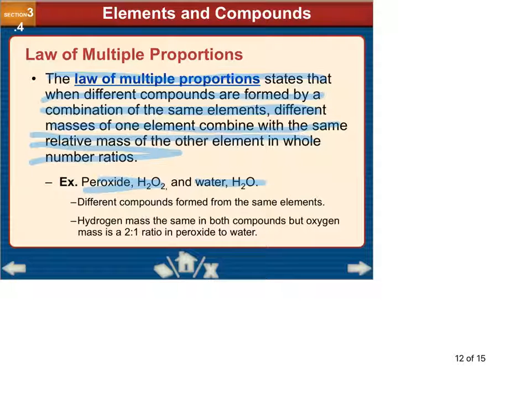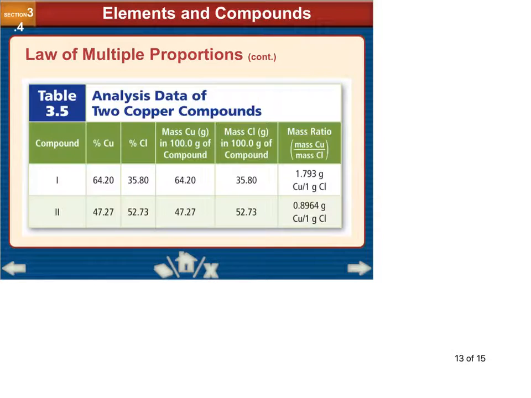Different compounds, same elements, different ratio. And here we got some copper and chlorine, 2 different copper compounds, and we see some different mass ratios. Mass copper, mass chlorine is different on these two, so they've apparently got a couple different compounds from copper and chlorine we can have.